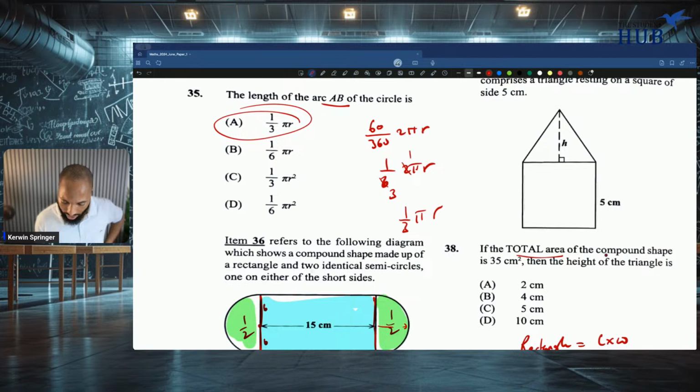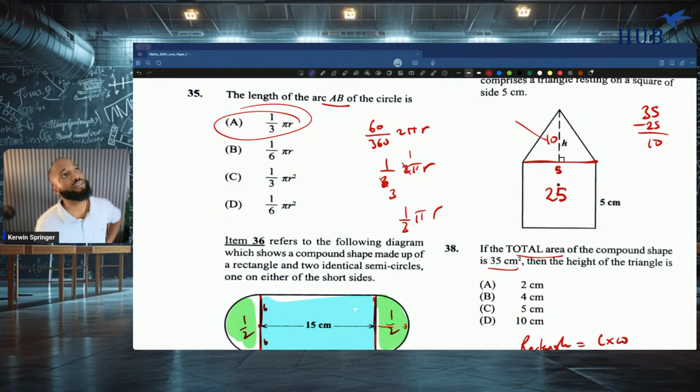And the total area of the compound shape is 35 centimeters squared. Then the height. Why did they only give me all these total area things? All right, 35. This is 5 by 5, so this is 25. 35 minus 25 is 10. So the area of this is 10. And this is 5. So what do you think the height is?